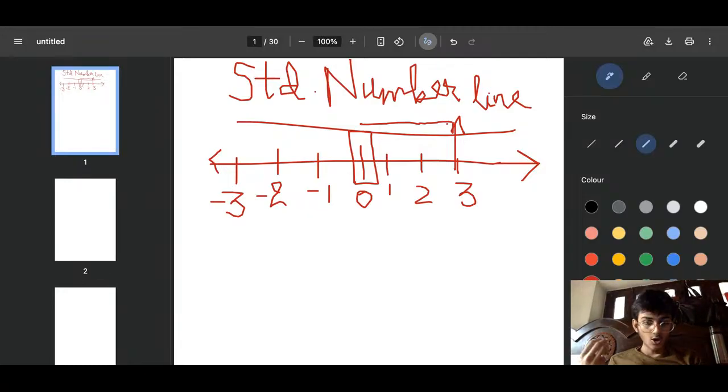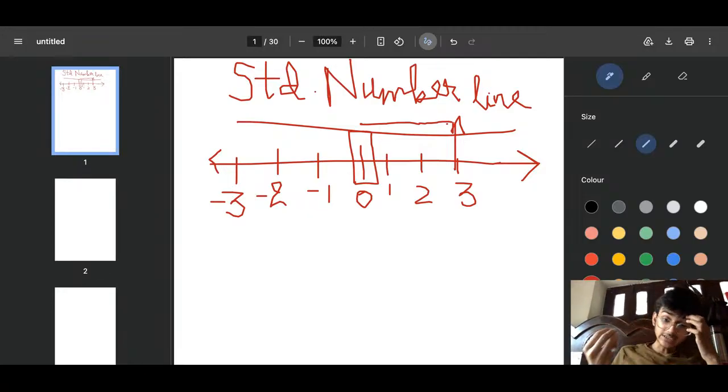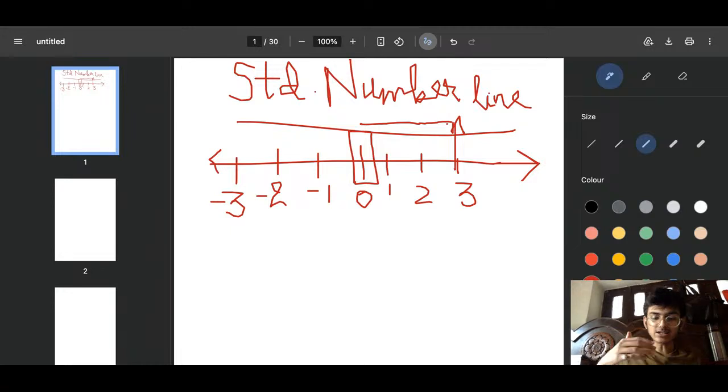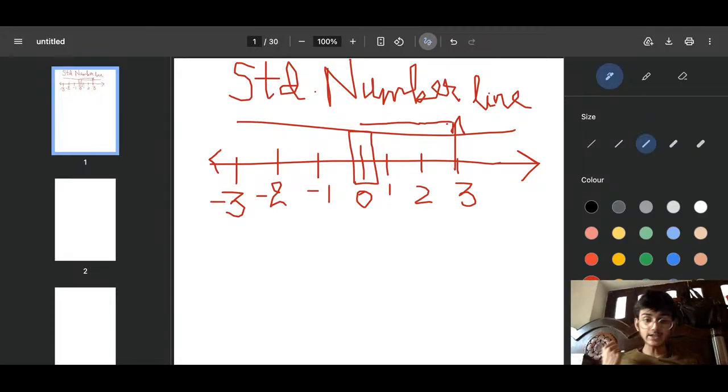So from 2, let's discuss it. From 2, you are making your journey in the same direction, the left direction only, and now you are again crossing different infinite numbers. What do you mean by different infinite numbers?